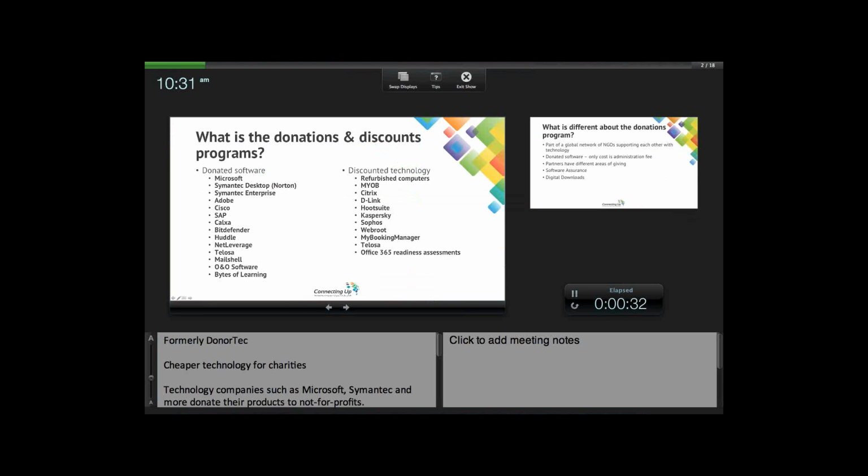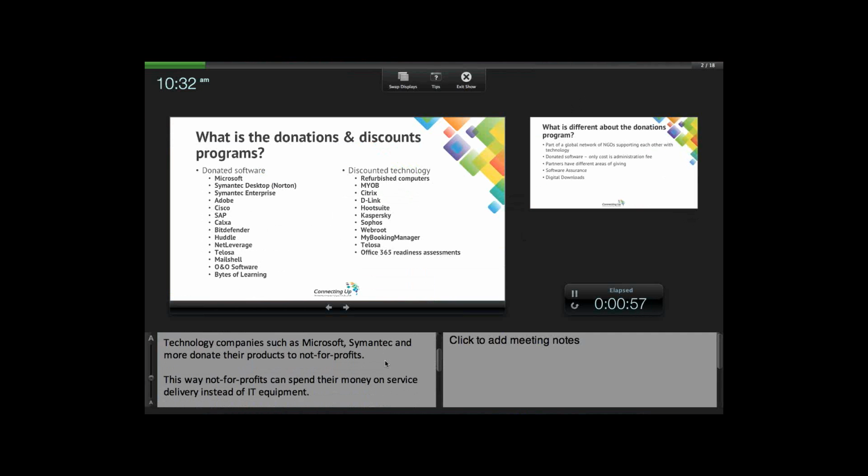So yeah, the concept is that you're spending your money on service delivery and on helping in the community rather than spending your money on technology. And the way that we do this is we partner with technology companies such as Microsoft, Symantec, Cisco, Adobe.